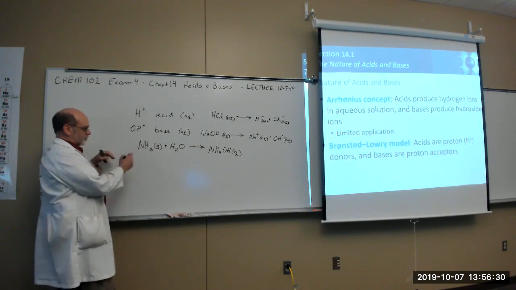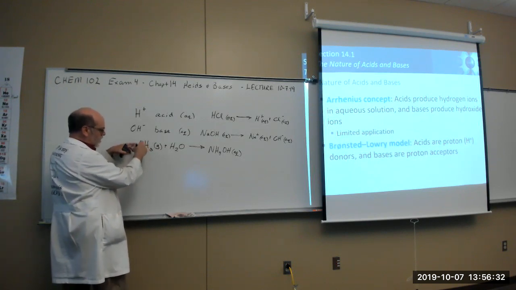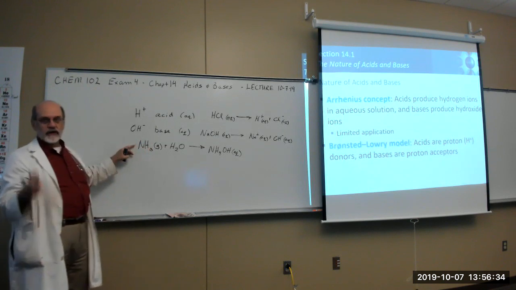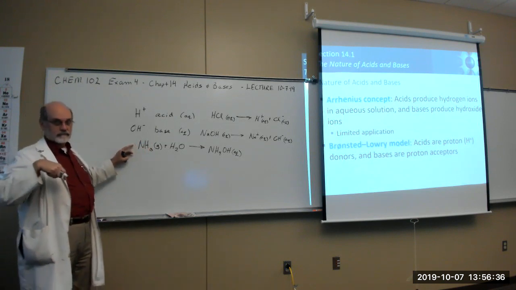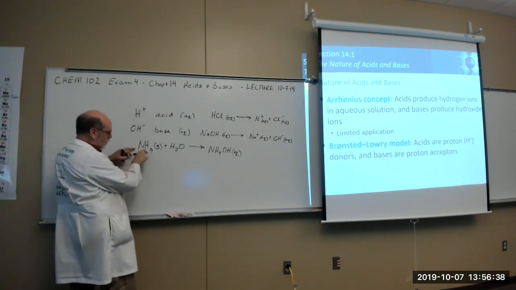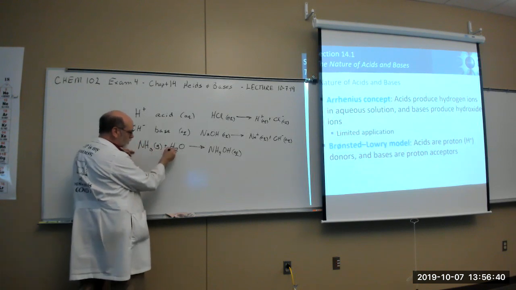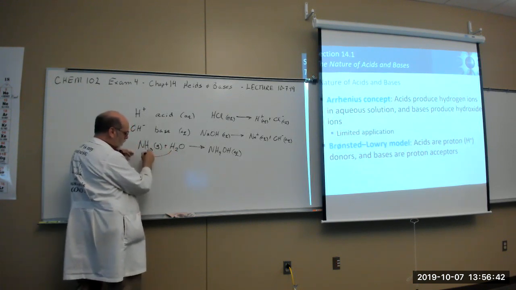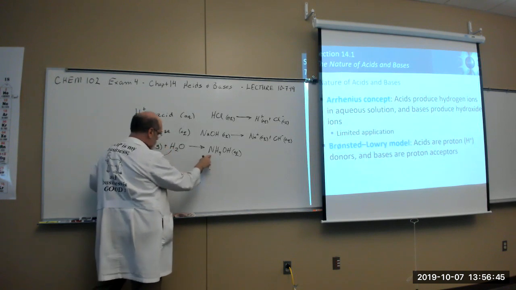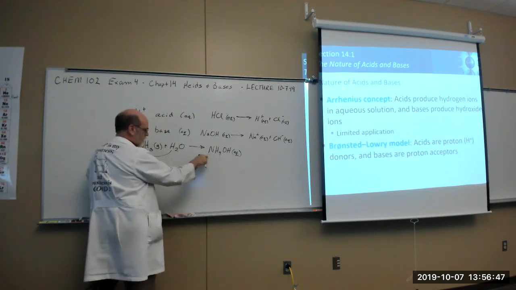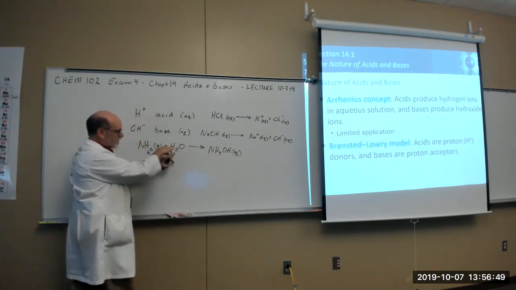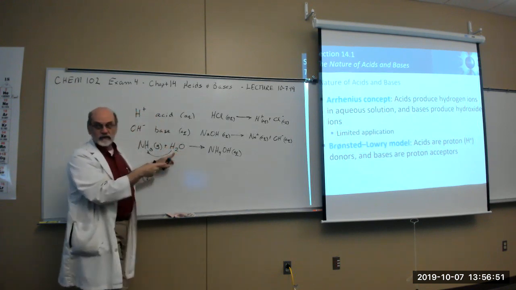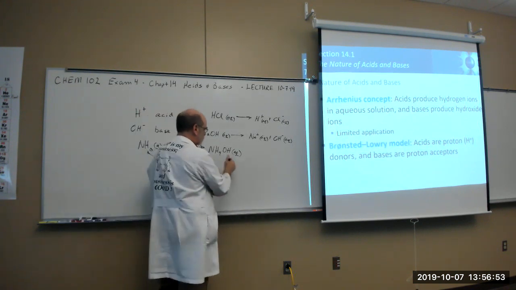So in this case, if it's a base, it has to be a proton acceptor. Right? So if this is a proton acceptor, we take one of these protons, put it over here, and that gives us this, NH4. And the proton that leaves here gives us an OH left over. So you have that.